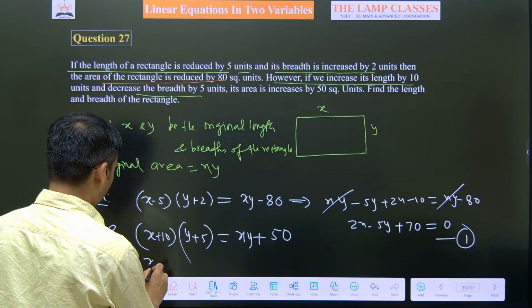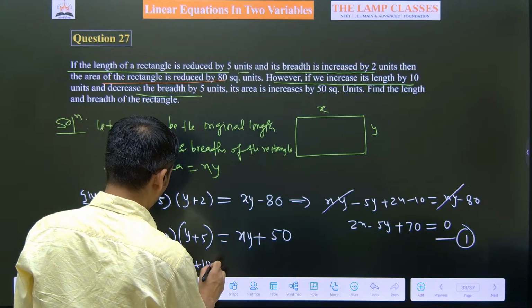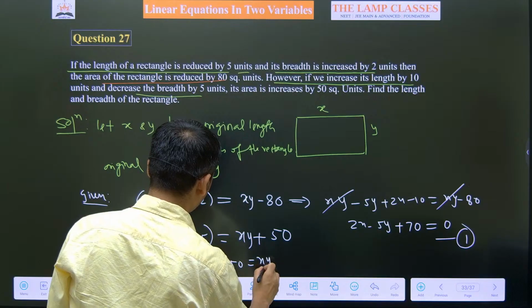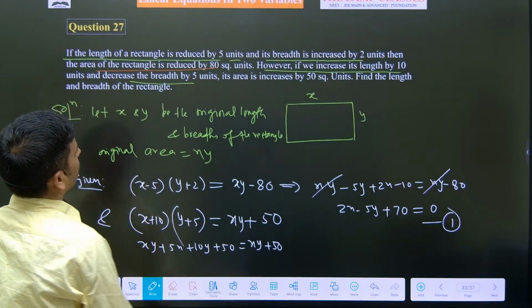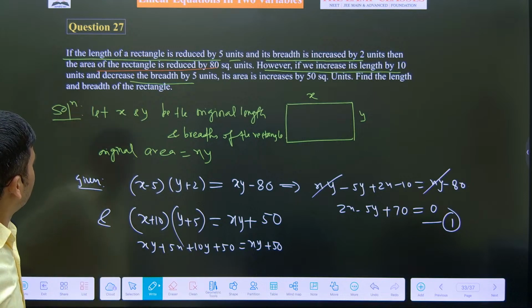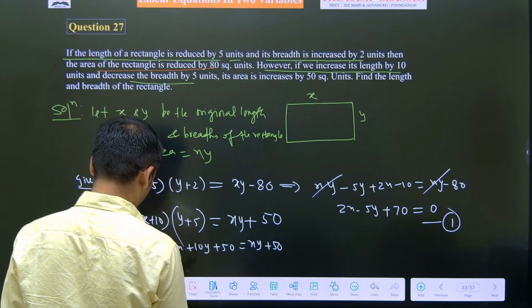So we get x into y plus 5x plus 10y plus 50 is equal to x into y plus 50. Decrease, right? So it's y minus 5. I have made one mistake here.